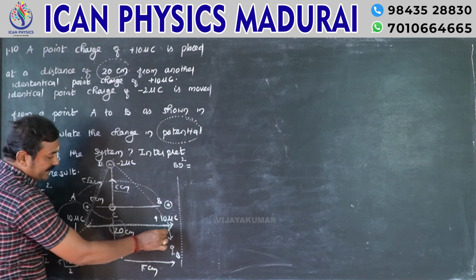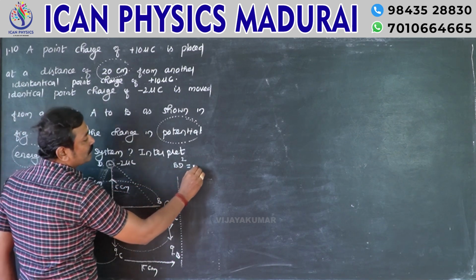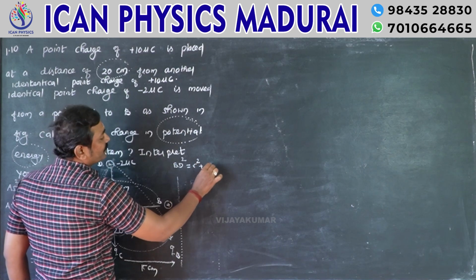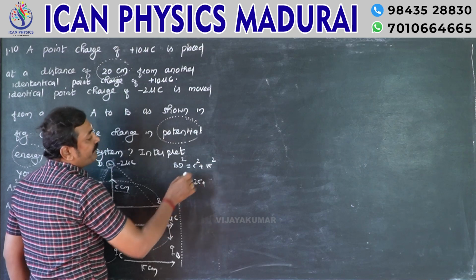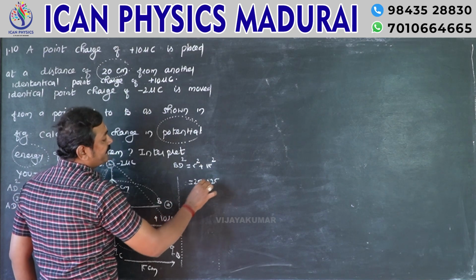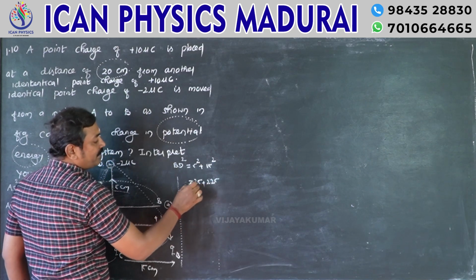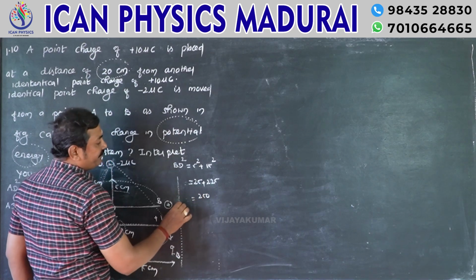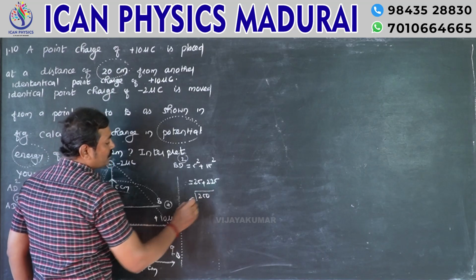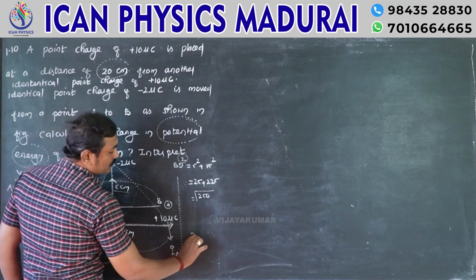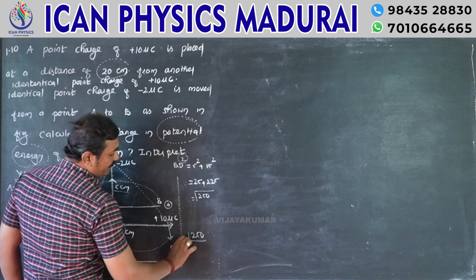This is the second side, whose distance is 15. So 5 square plus 15 square. 5 5s are 25. 15 15s are 225. 225 plus 25, 250. So to take the square, you put the square root of 250.